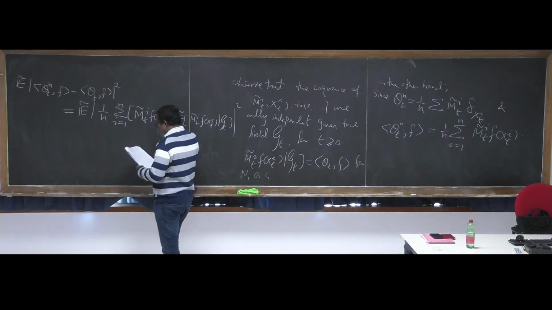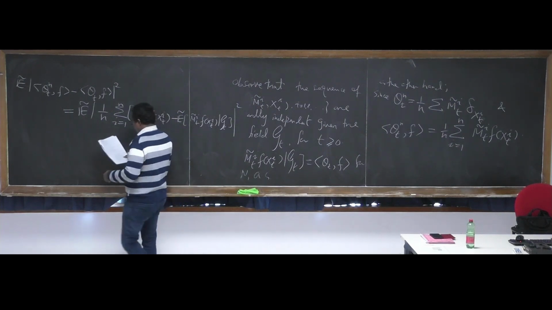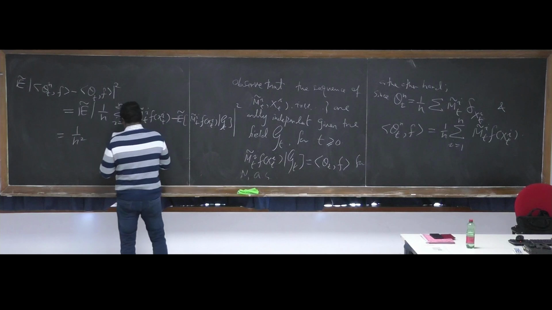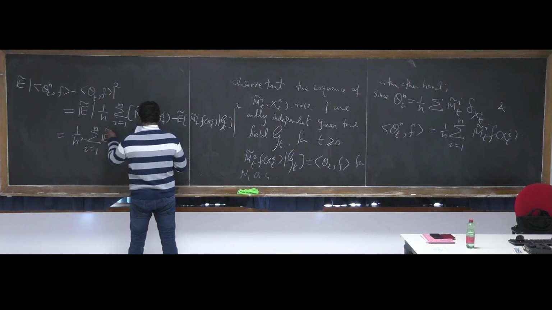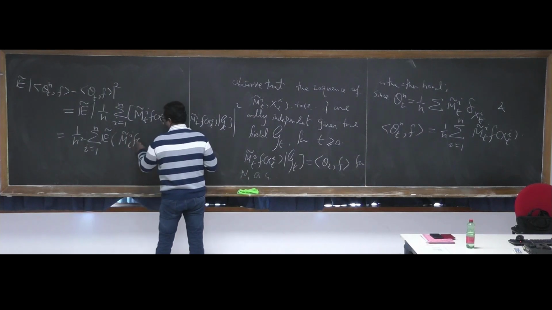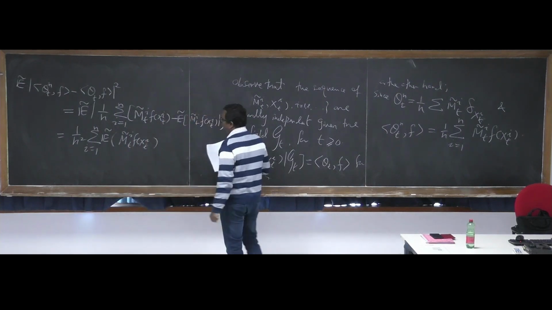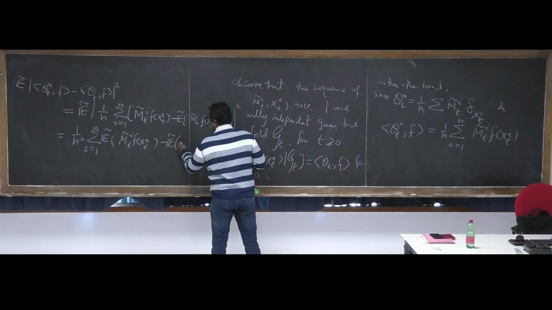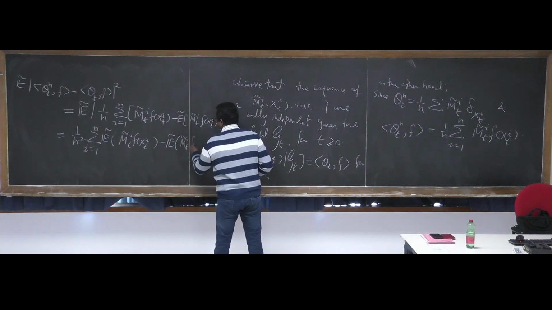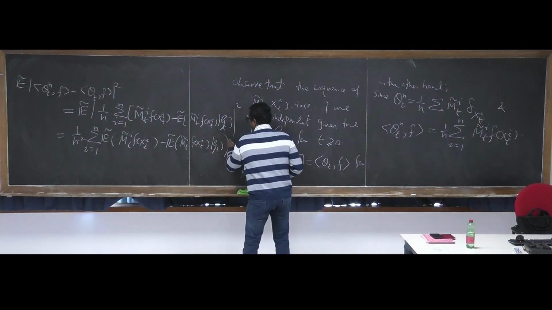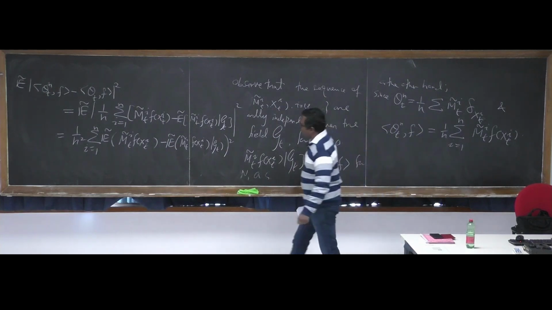So this is equal to 1 over n squared, sum over i from 1 to n of the expectation of m tilde it f of x it minus the conditional expectation of m tilde it f of x it given G t, squared. All right.